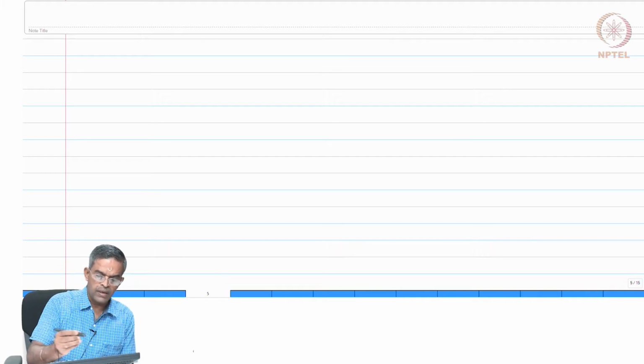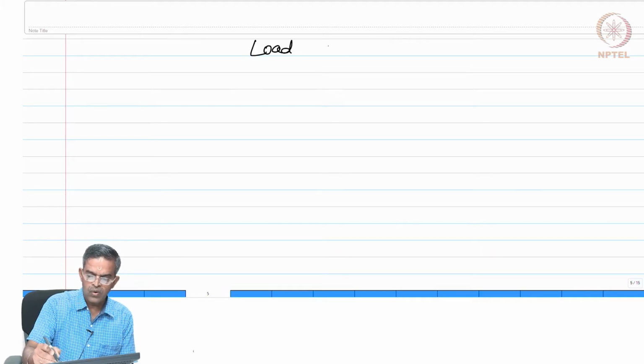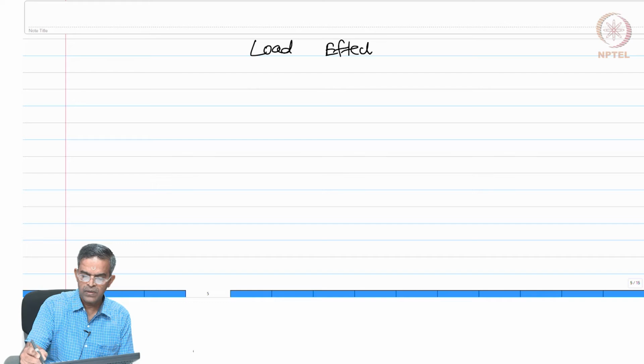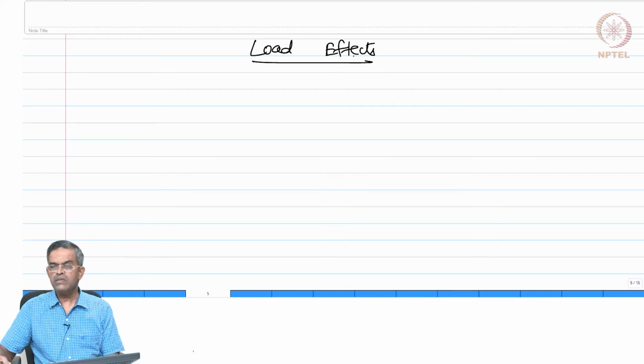Let us now see something called load effects. See, what is a load effect?